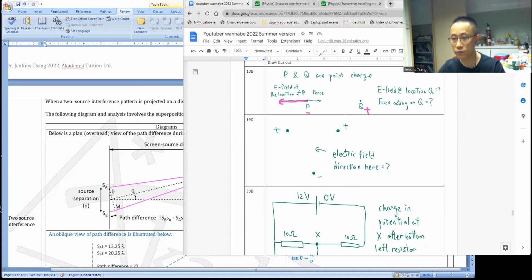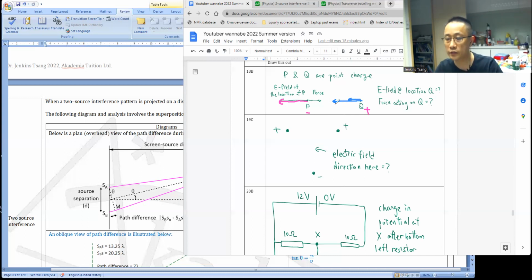Now, using this information, you can figure out that the field at Q must be due to P, and since P itself is a negative charge, the field must be towards P. And then the force, well, electric forces must be like Newton's third law pairs. So that allows you to deduce that the force acting on Q should be towards P as well.